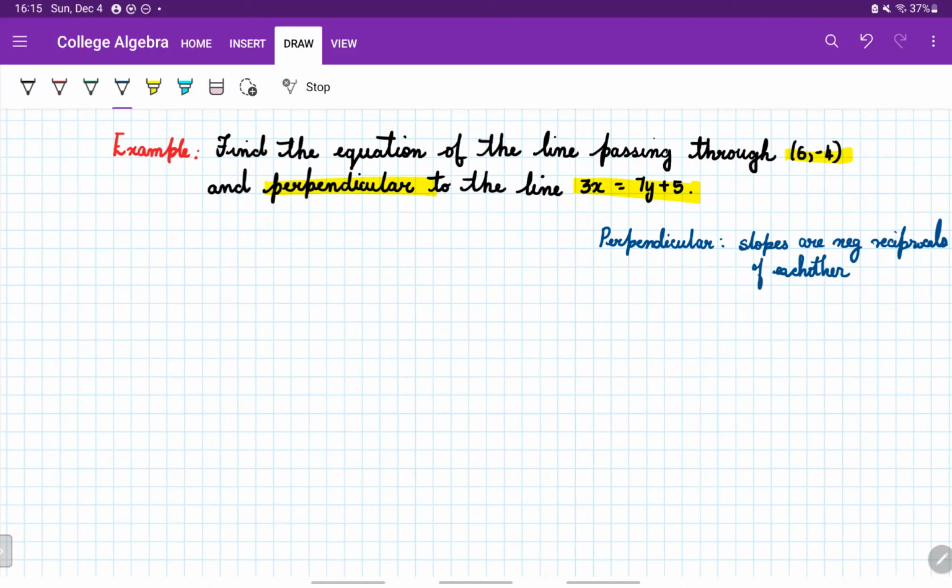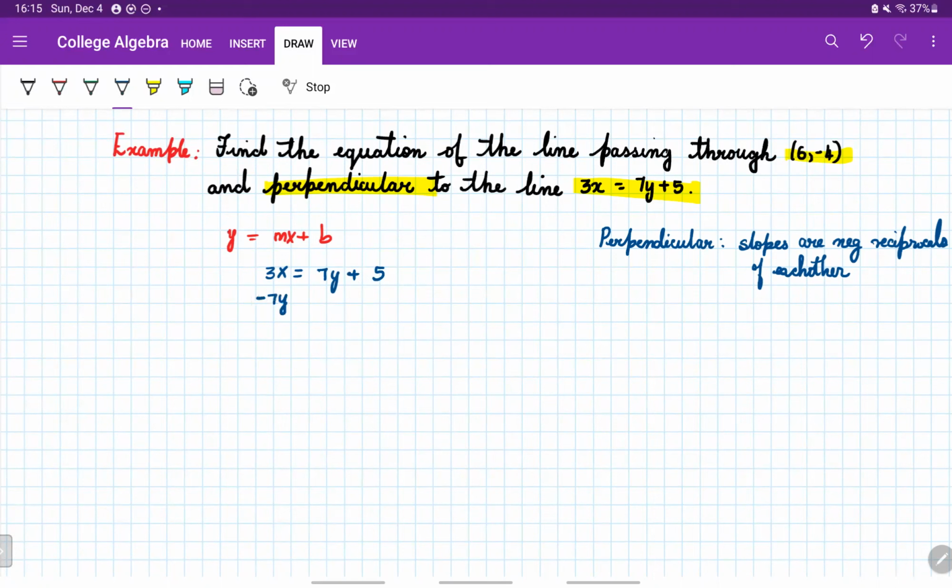Okay, so that means first step, find the slope. We want our equation to look like y = mx + b. So we have 3x = 7y + 5.